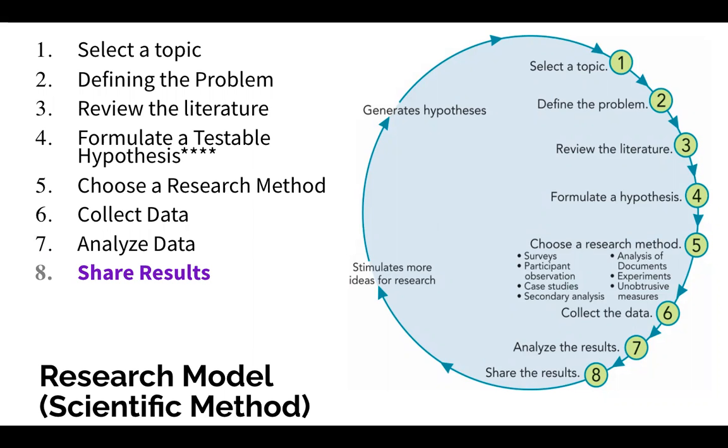This is how we progress, this is how we advance, by sharing our research, because that is what stimulates more ideas for research and leads people to make refinements to our research study, to our methods, to our question. It leads to the generation of new hypotheses, and then of course the model begins all over again.